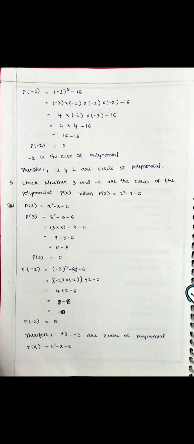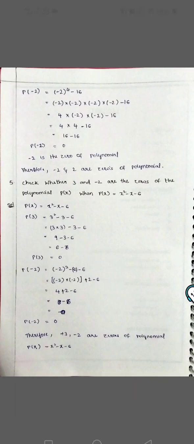Similarly for p of minus 2: minus 2 whole square minus of minus 2 minus 6. Check whether your signs are proper because you might get the wrong answer. Minus 2 whole square is minus 2 into minus 2. What is minus 2 into minus 2? Minus into minus is plus, 2 into 2 is 4.